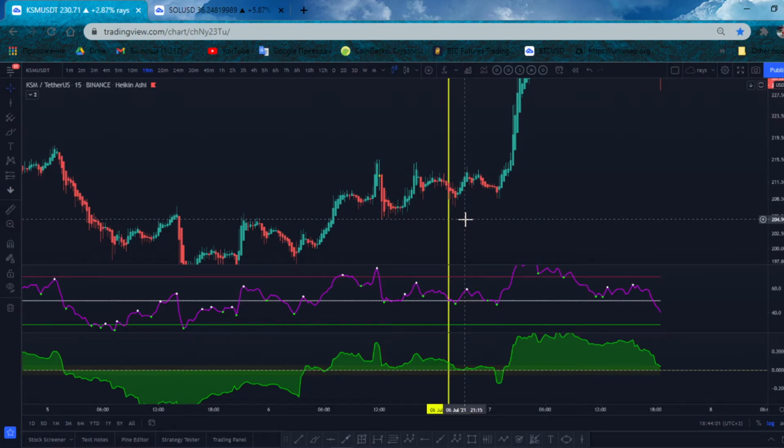trading on high leverage and small time frames, this is extremely risky. I don't tell you to do it because you may lose a lot of money, really a lot of money, because you have to have really a lot of experience to be able to read all the things that will happen.